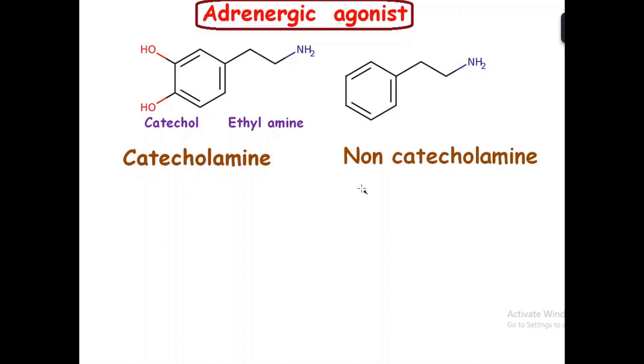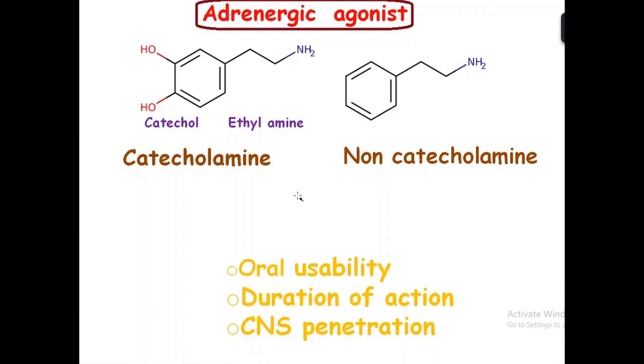Now, these structural differences create three main differences in properties between catecholamines and non-catecholamines. First, oral usability. Second, duration of action. And third one is CNS penetration. So, let's briefly talk about how they compare in terms of oral usability.